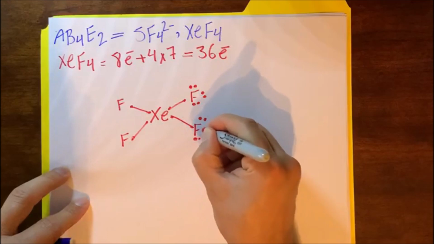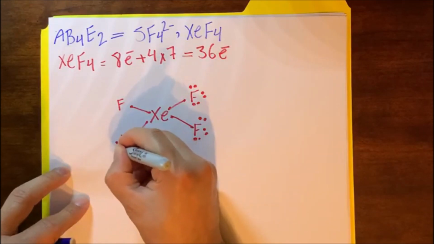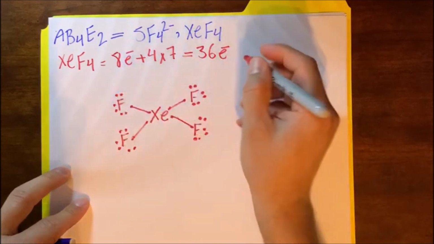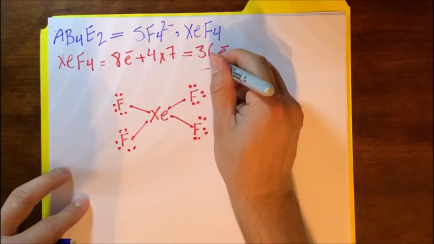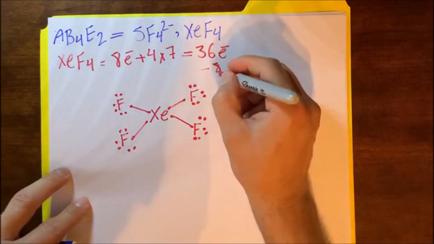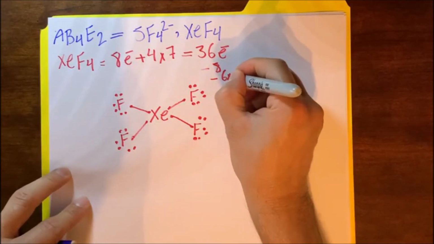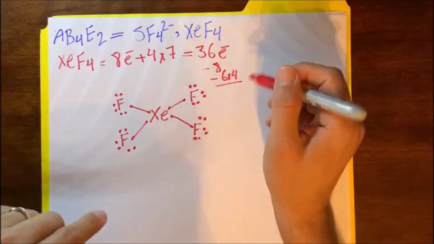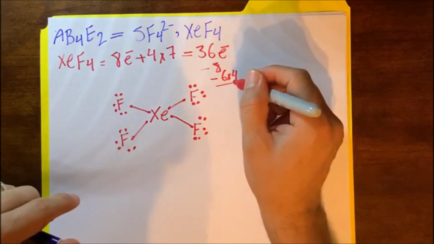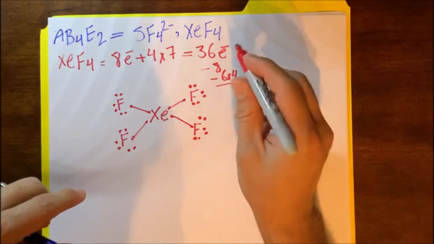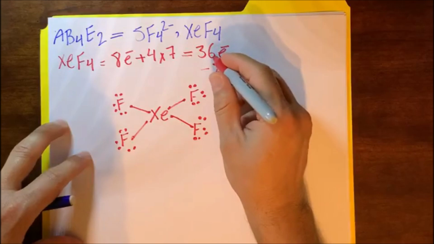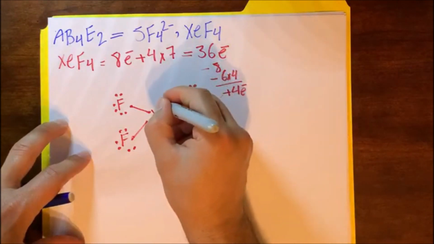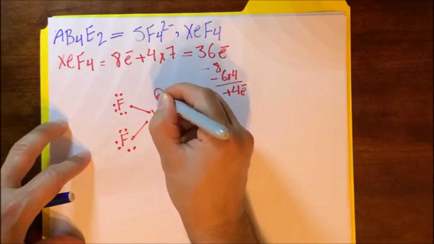Give each fluorine 6 electrons. So minus 8 electrons for 4 sigma, minus 6 multiply 4. Okay. So totally we use 24 plus 8, 32 electrons, minus 36, plus 4 electrons, and put the first lone pair in the axial position.